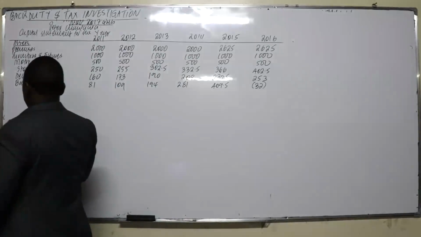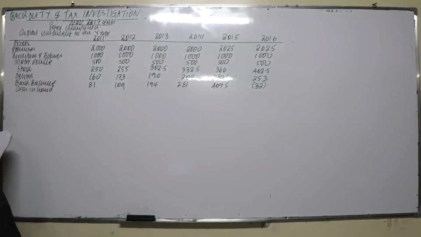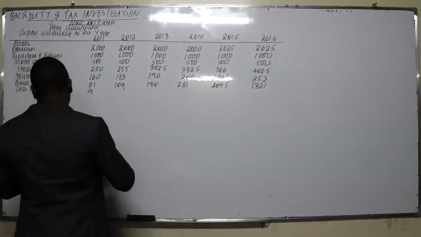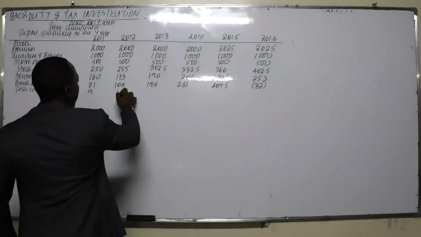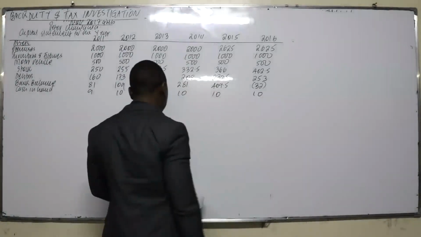Then there was cash in hand. For the cash in hand, 2011 we had 9, and then we have 10, 10, 10, 10, 10.